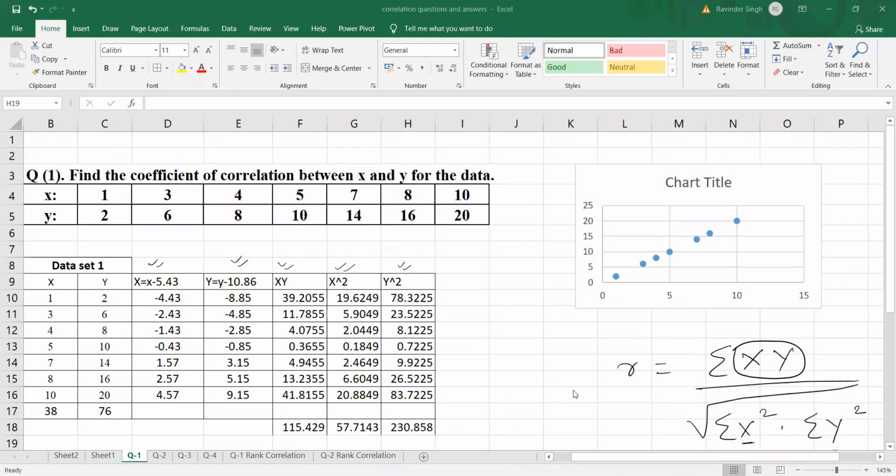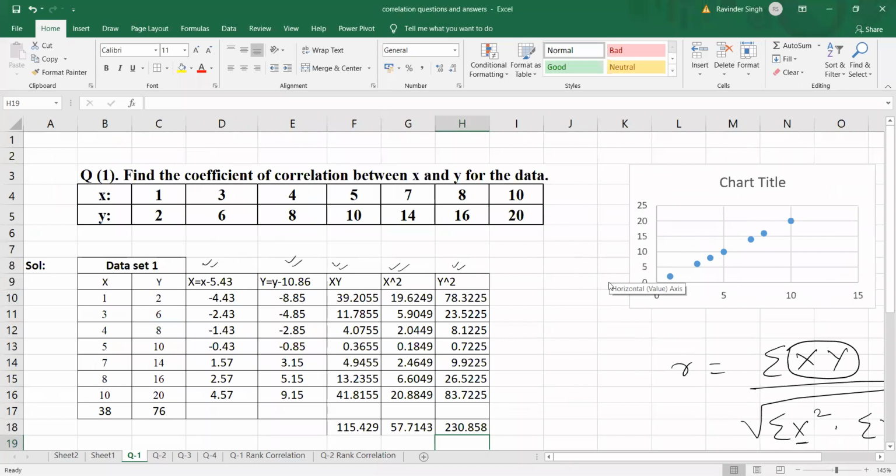And as I've told you, because this has a very strong, I'm once again repeating, from the scatter plot, you can see we have a very strong correlation here. That is why I'm getting the R value as 1 here. Very, very strong correlation.